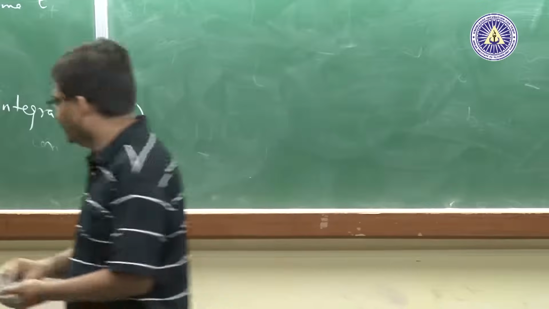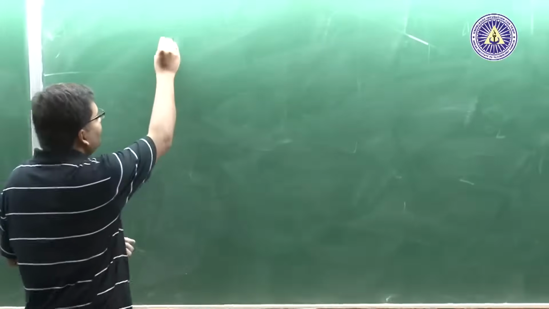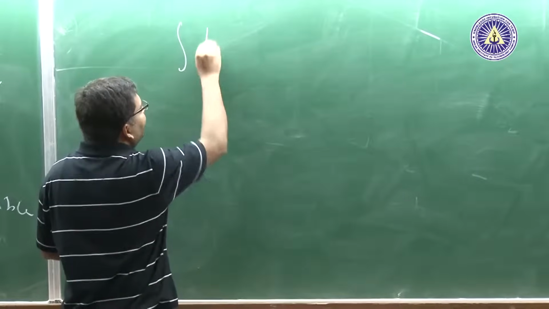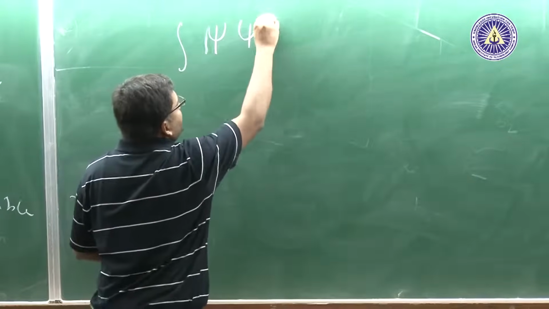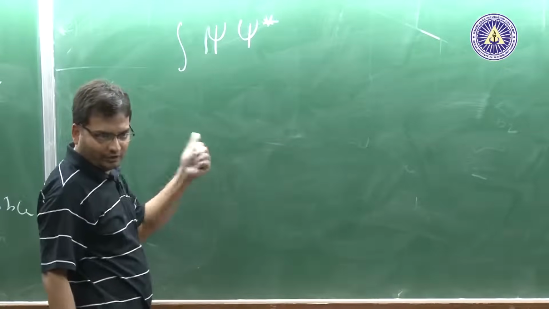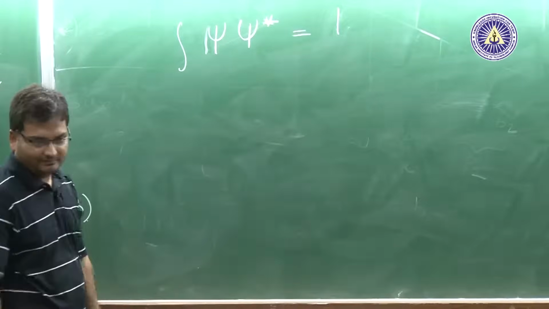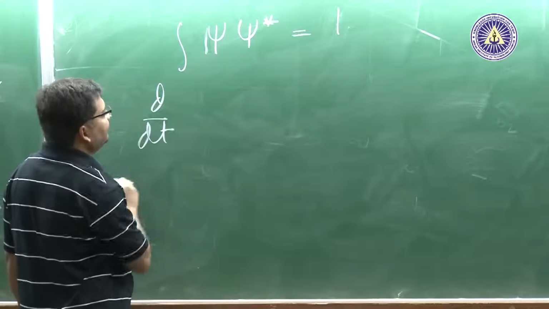All I am asking is, given the condition that psi star psi, which is mod psi squared, integrates to 1, can we show that d by dt of this is zero?